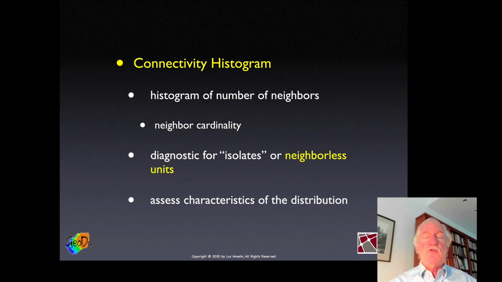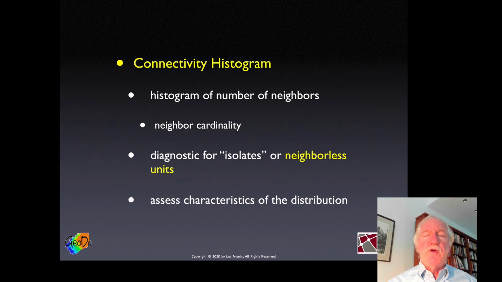Some of them are unique to GeoDa, some of them are fairly common. A connectivity histogram is really a histogram of the number of neighbors. In other words, we look at how many observations have 1 neighbor, 2 neighbors, 3 neighbors, 4 neighbors. That is the basis for the histogram. It gives the distribution of the neighbor cardinality, how many neighbors there are.